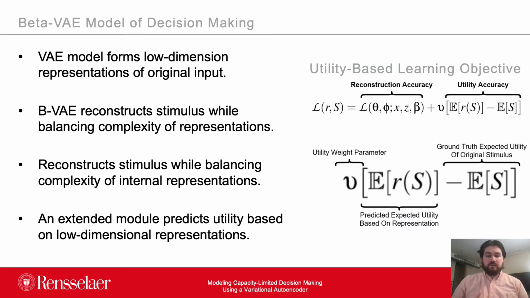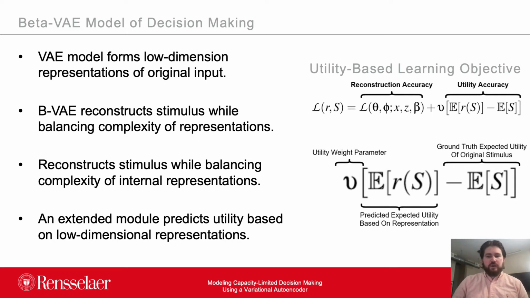The way that this utility prediction is used to train the beta VAE is by altering the learning objective with a weighted value of the difference between the true utility and the predicted utility. So this includes a utility weight parameter, shown here as epsilon in the learning objective, which alters how much the beta VAE focuses on the accuracy of utility prediction versus the accuracy of the reconstructed stimulus.